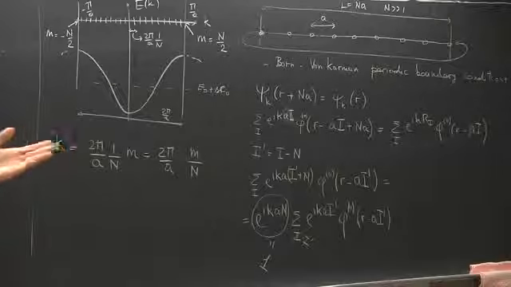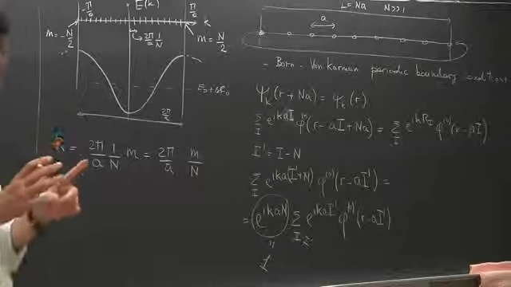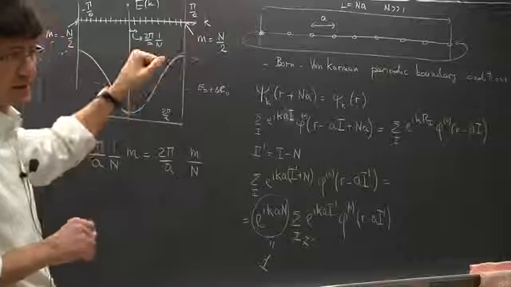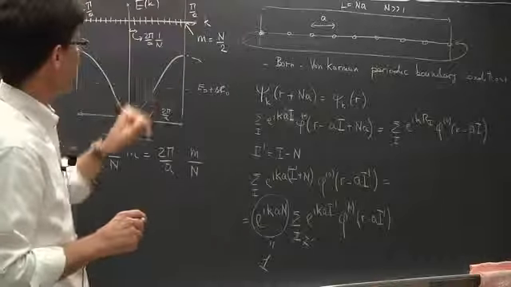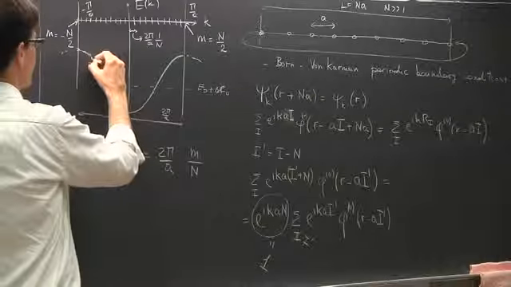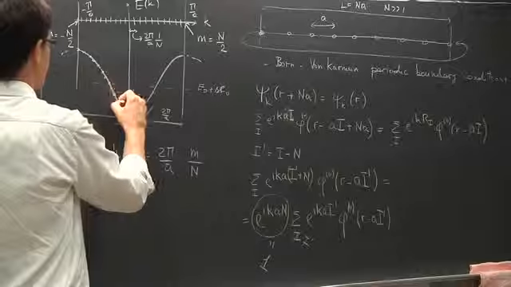Essentially, it becomes a continuum. But now I can count the states, because I have only a finite number of states that I need to handle, because only these values of k are allowed, which means only selected values of the energies will be allowed, the ones that correspond to those particular values of k.